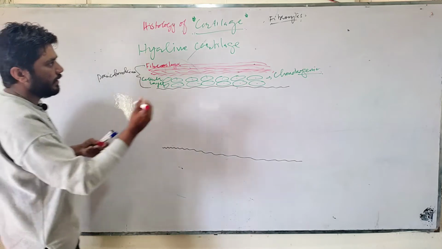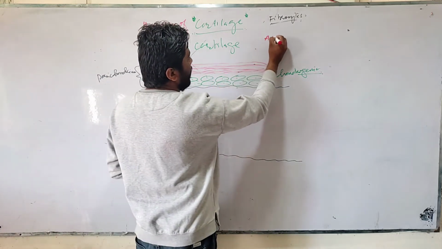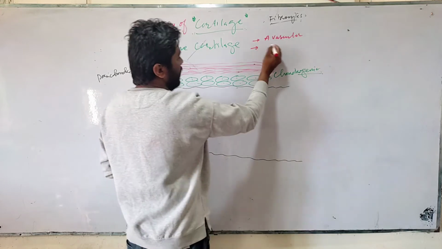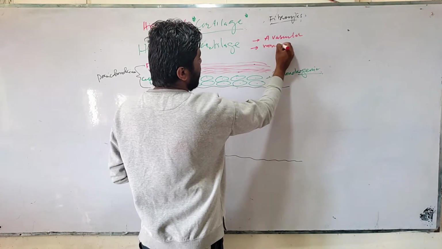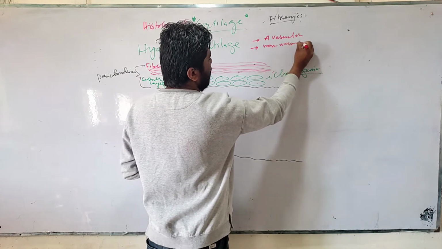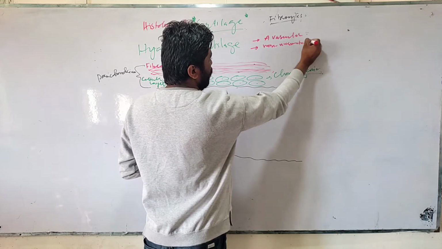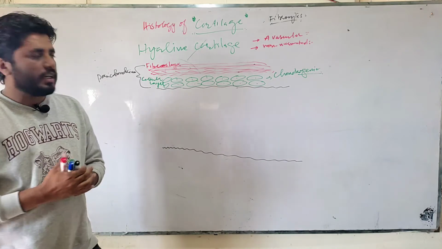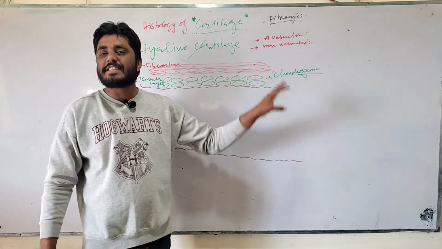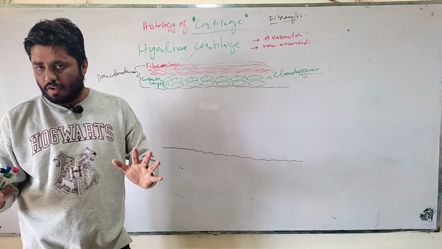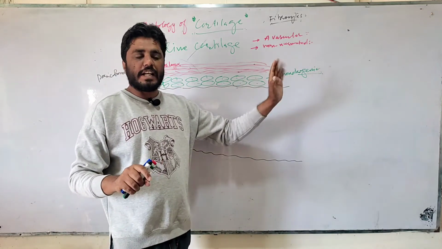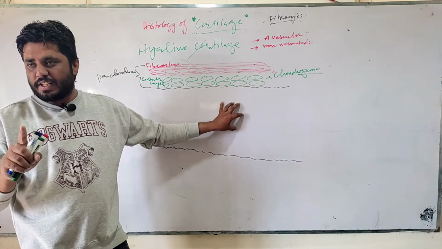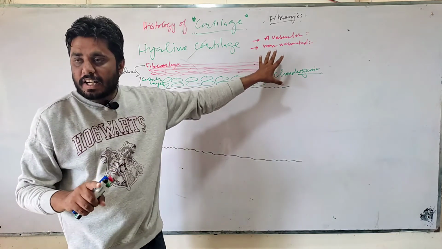And they are also non-nervative. These two things are very important. Number 1, they are avascular, that means there is no blood vessel in cartilage. They are non-nervative, that means there is also no nerve in cartilage.